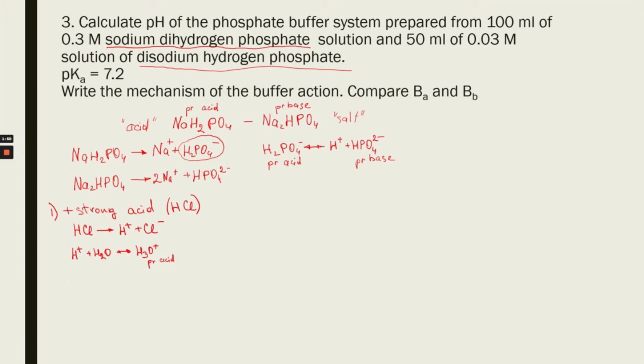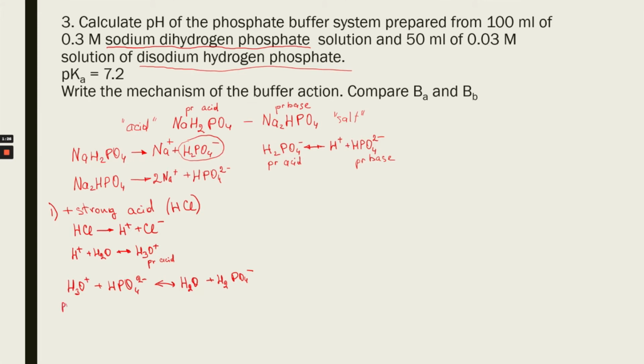So we write H3O plus, HPO4 2 minus, 2 arrows, and it produces water plus the dihydrogen phosphate. So, and let's write here the roles.